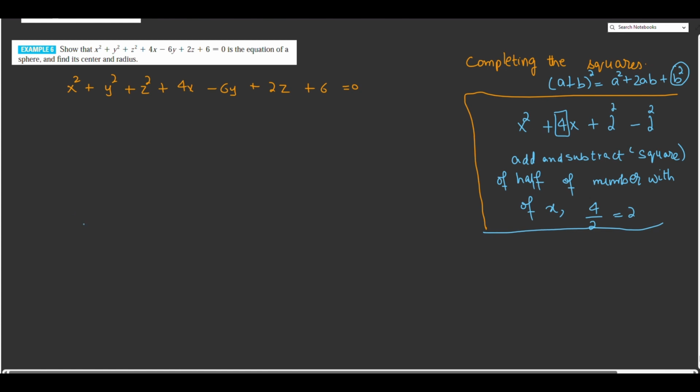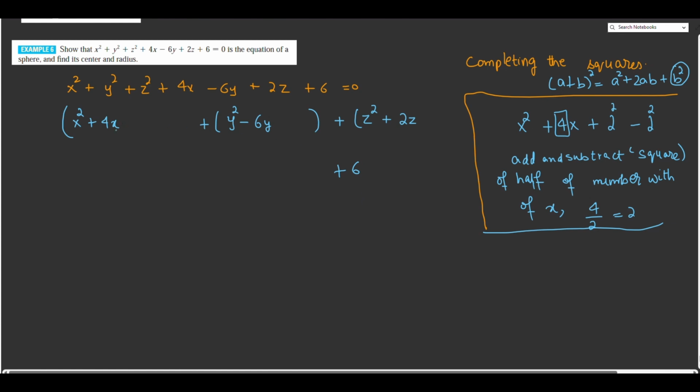So for this equation, for example, let's write it here: x square plus y square minus 6y, and then plus z square plus 2z, and we have this term 6.